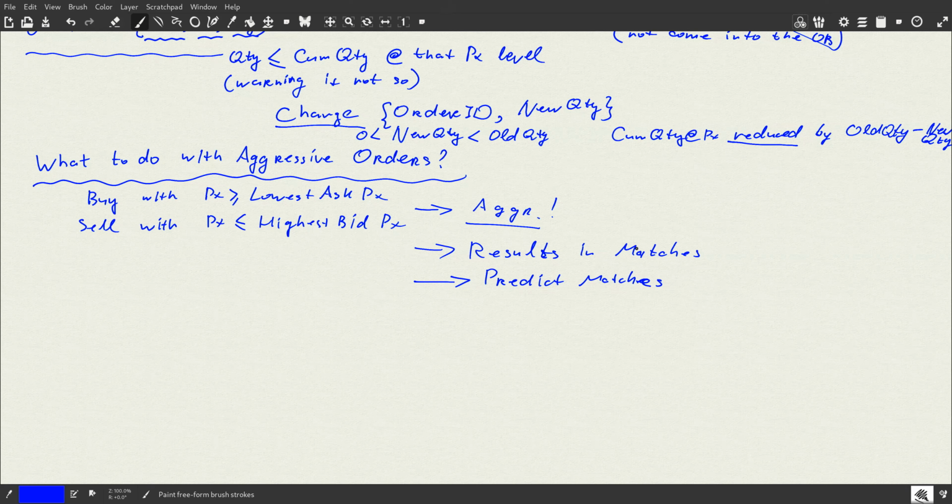So if you do this prediction, it is a very good test for the validity of your order book construction. If for whatever reason you think that it is A, too complex to implement, and B, it does slow down the order book construction, then you can skip it and not predict matches. But I suggest, yes, implement this if you can.